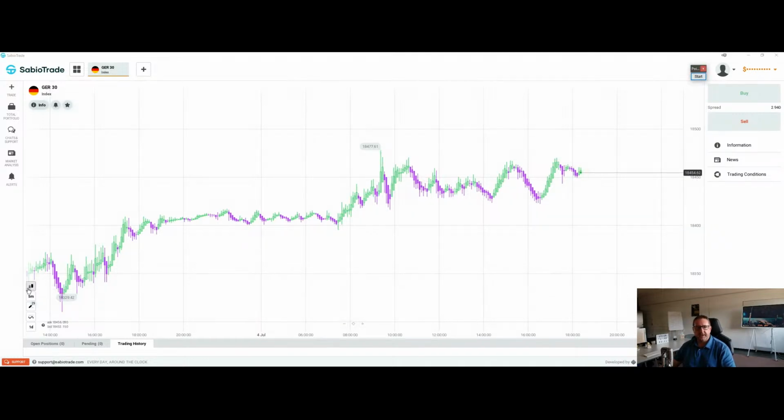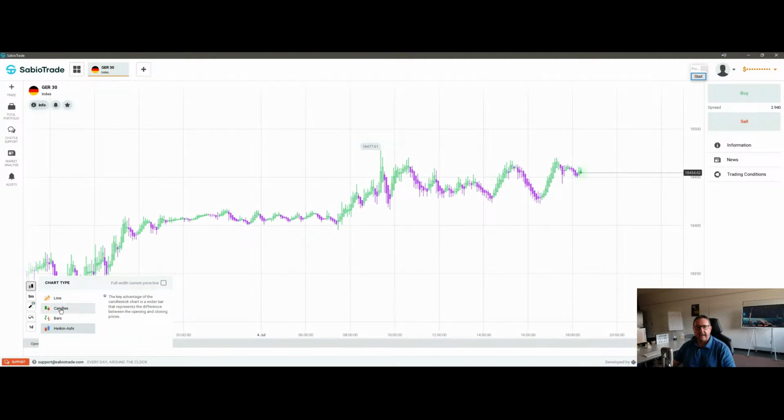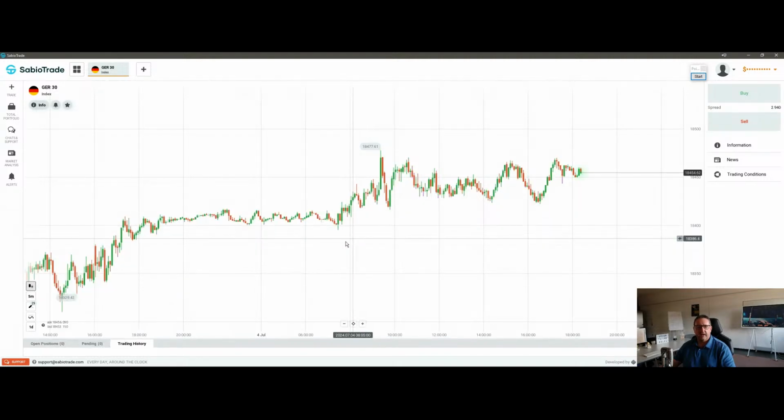So now we change again back to the normal candles. And you see, the numbers are exactly the same. But it's not so calm. It's not so smooth because there is so much market noise, because in every candle there is the open, high, low, close.